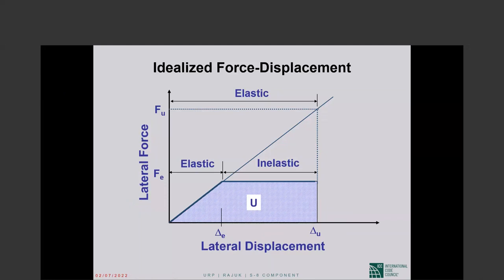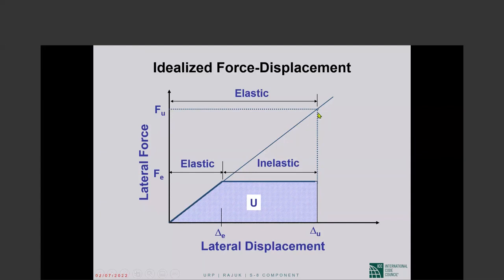This picture tells you that seismic design is essentially an exercise in trade-off between strength and what we call inelastic deformation capacity. We have a choice of designing our structure for a high level of strength, in which case its load displacement response would be elastic.